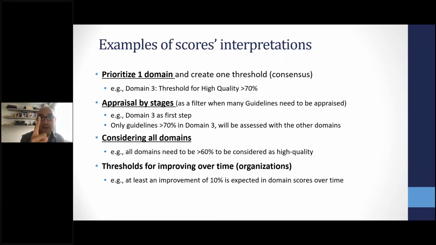You could apply only domain 3 to all the 50 guidelines, and choose the guidelines that have the highest quality. And when you have the best, let's say the best 5 guidelines out of 50, you could apply the full tool, the rest of the domains. That's one example for when you don't have much time, because the tool requires some time. There are additional examples, and I will provide some reference citations where you could get more information about this.